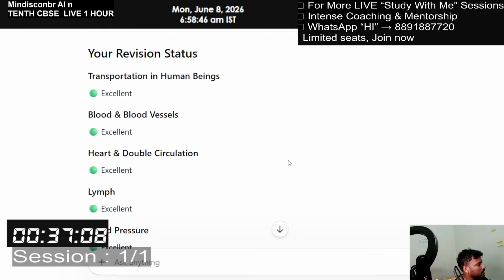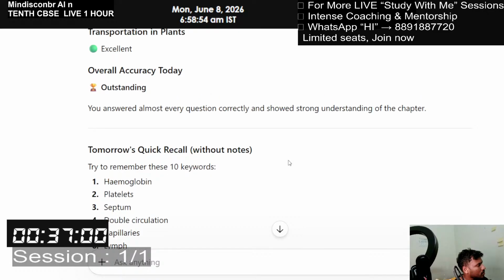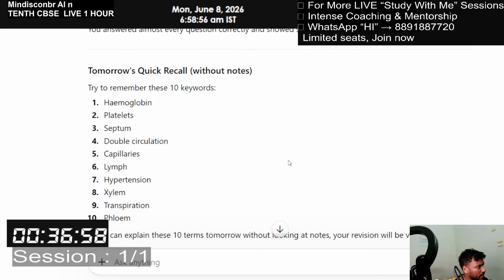Transportation in human beings. Try to remember these keywords: hemoglobin, platelets. Hemoglobin is the red colored pigment present in RBC that carries oxygen to different parts of the body.